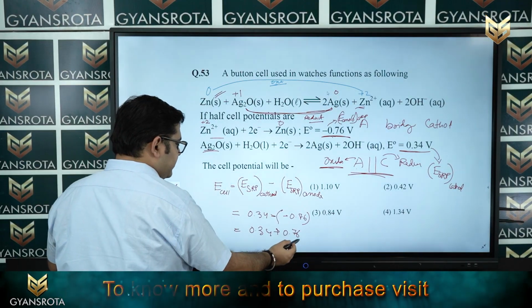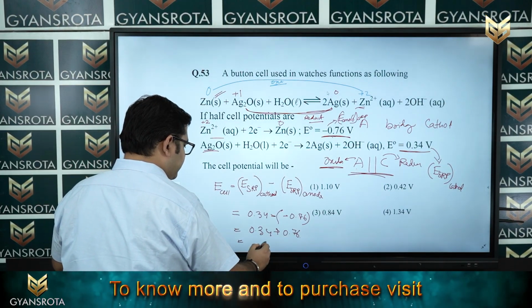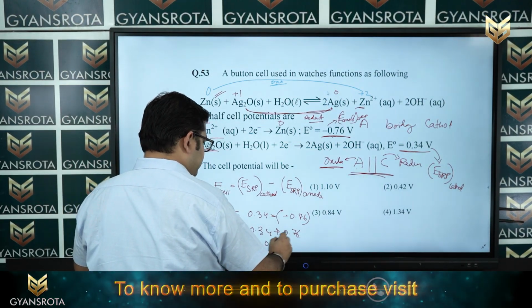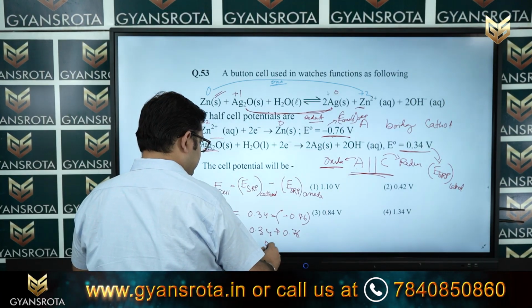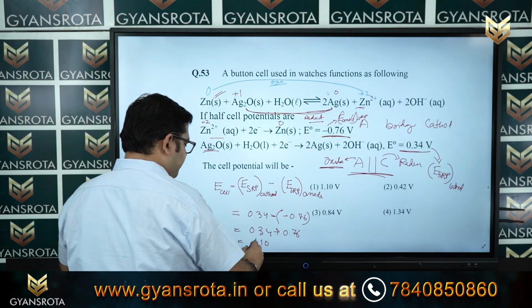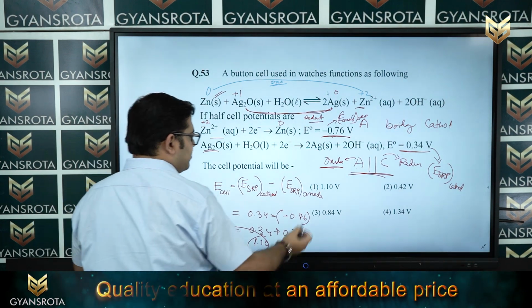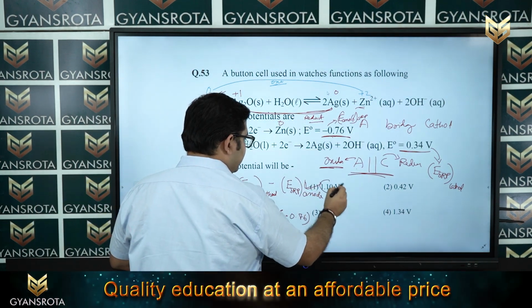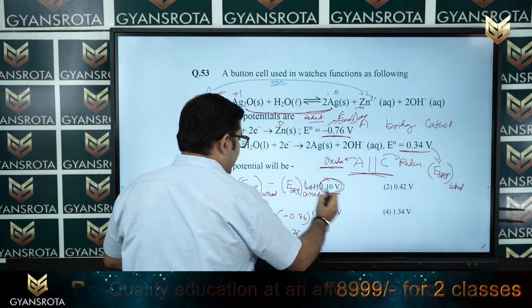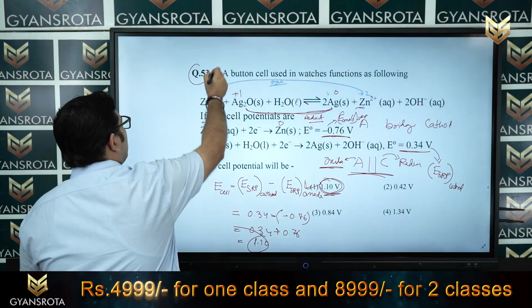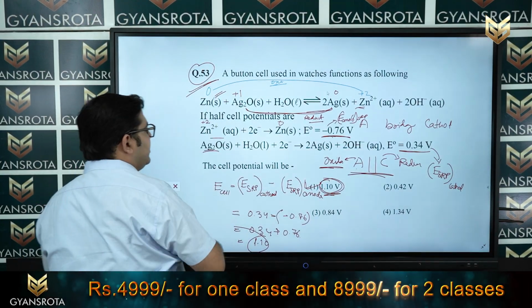If you solve this, 6 plus 4 is 10, carry 1, and it ends up as 1.10. Now, if you see option number 1, it is given as 1.10 volt, and this is the correct answer for question number 53.